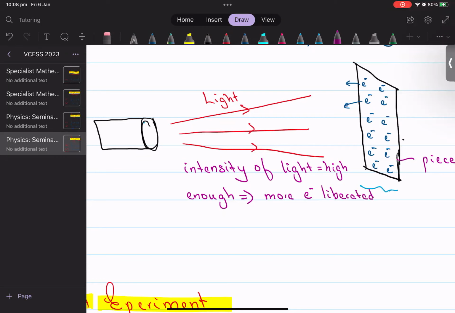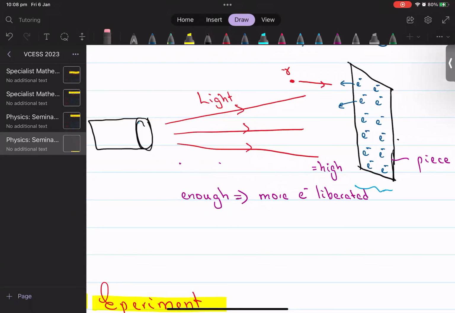Think of that in terms of particles. Let's say we had a so-called particle of light, which is typically the photon, which is given the symbol gamma. So if this photon hits the surface of the metal, it has sufficient energy. So let's say the energy of light being high enough means that more electrons are liberated from the surface of the metal.